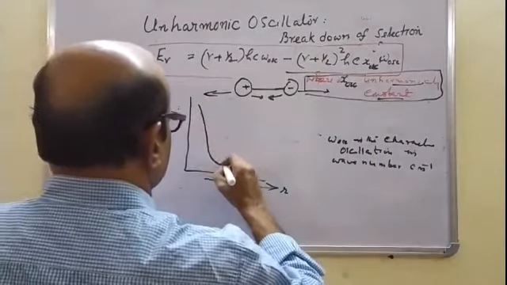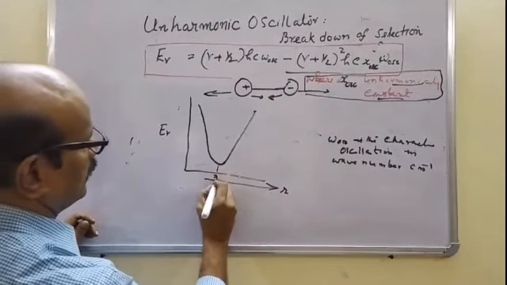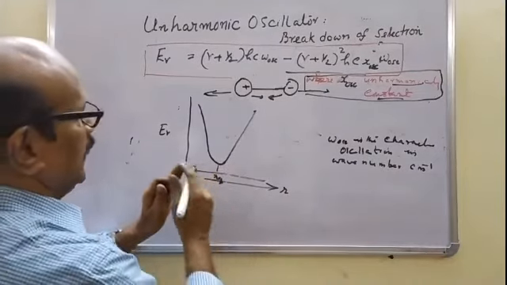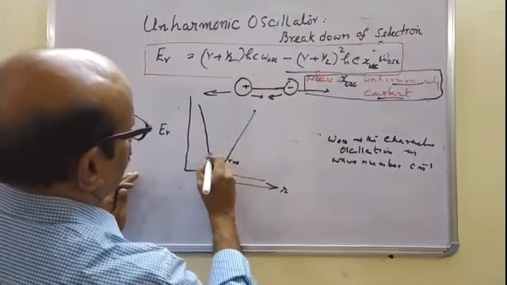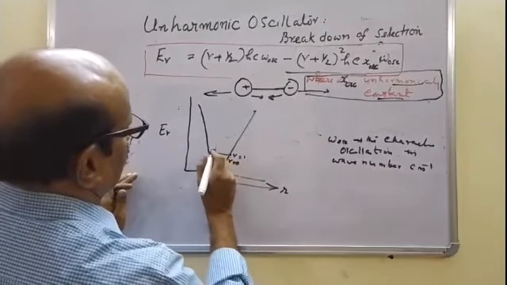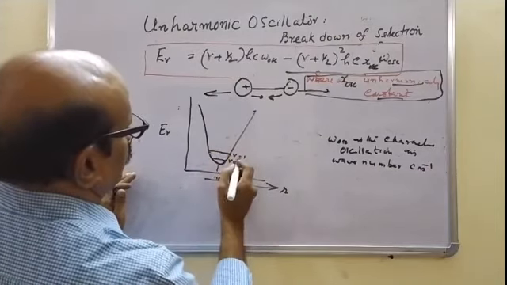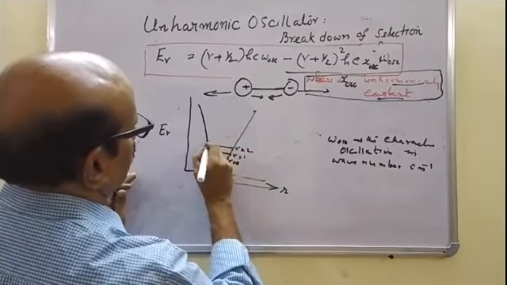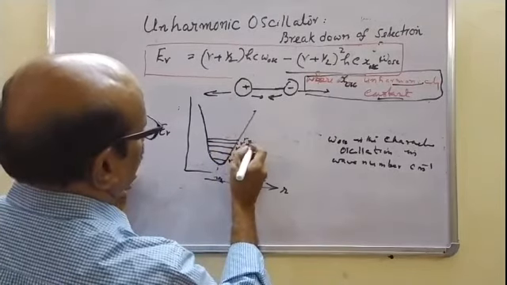So this is the curve. This is the unharmonic oscillator. This is R equilibrium, where the potential energy is 0. Here nu is equal to 0, then nu is equal to 1, then nu is equal to 2, then 3, then 4, like that.